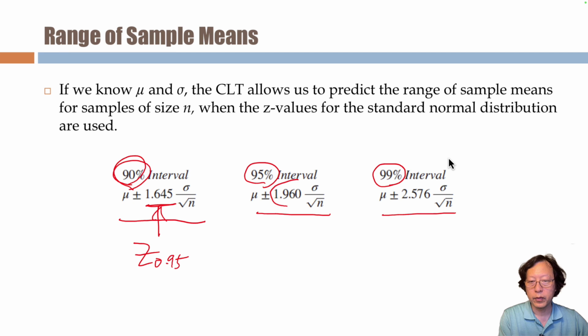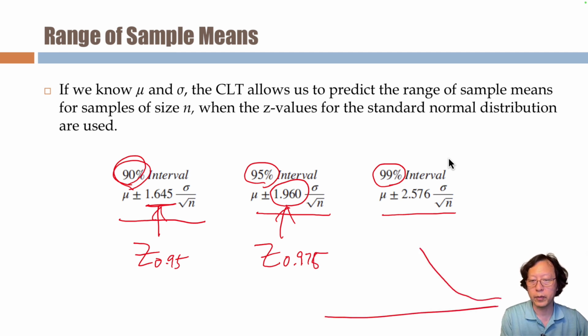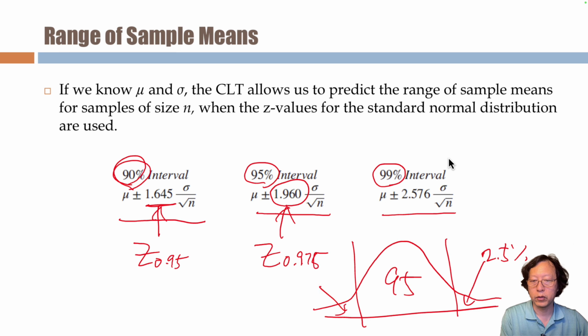Similarly, this z-value is related to the probability 0.975. If you want a 95% range, this should be 2.5% in each tail, right? If you want to find the z-value here, actually you are looking for 0.975.